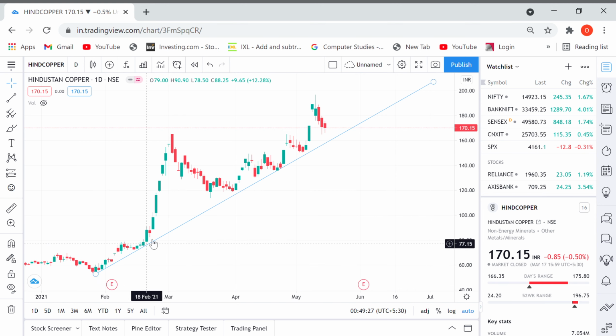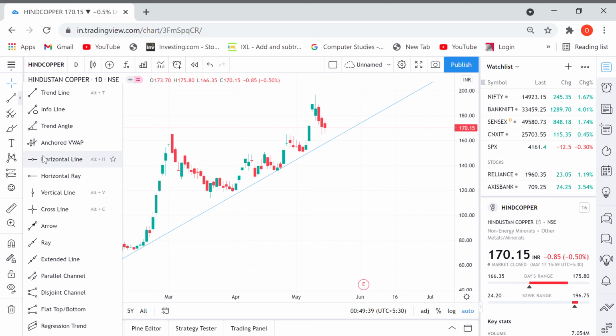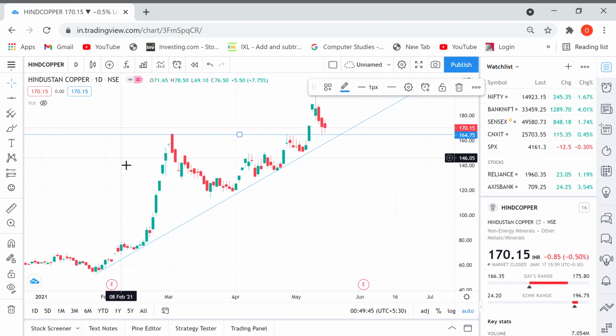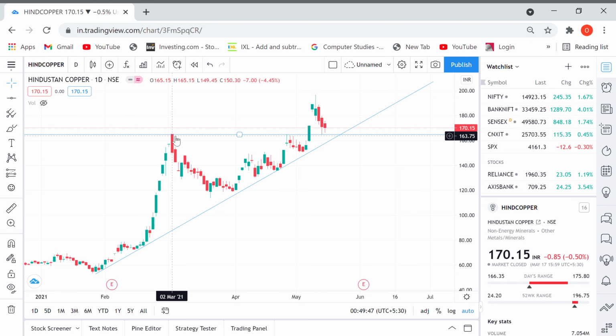Let's look at the next thing. Now you see that the stock goes up here and from here it turns down. So this is a resistance point from where the stock is turning down. Let me draw a horizontal line to mark this price point. Now this horizontal line is a resistance.